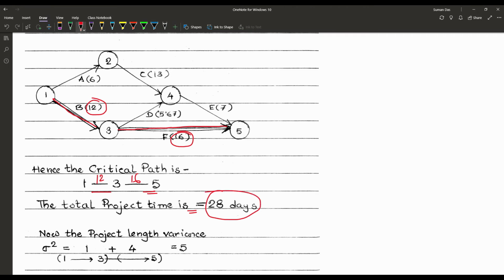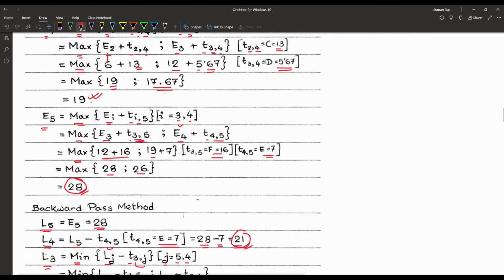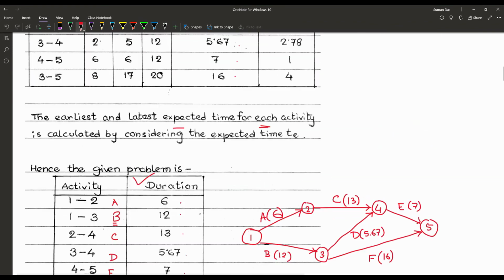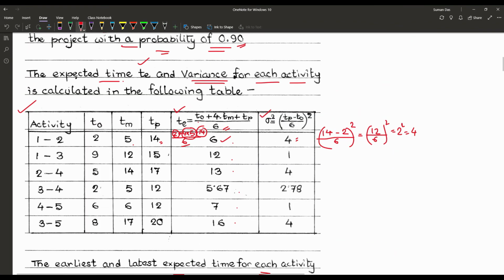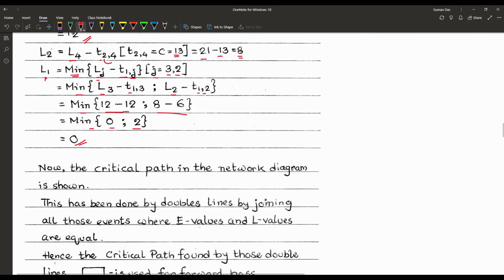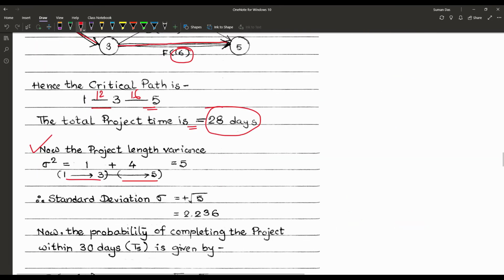Now we have to find out the project length variance, and that is from 1 to 3 and 3 to 5. So let's check the table once again. For 1 to 3 and 3 to 5, we have the variance for activities 1 and 4. So the total project length variance is equal to 1 plus 4, which is equal to 5.